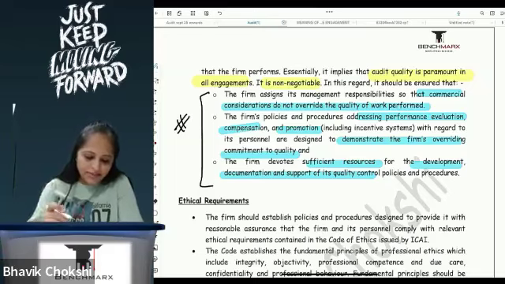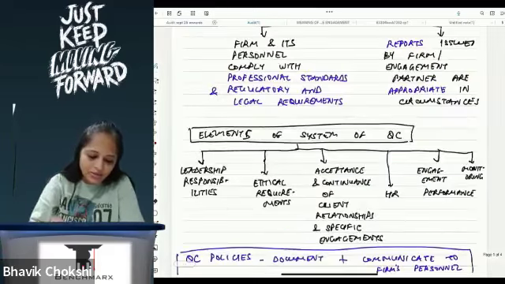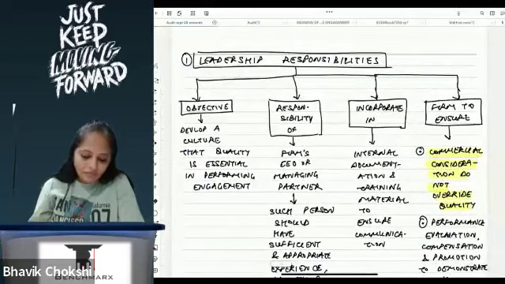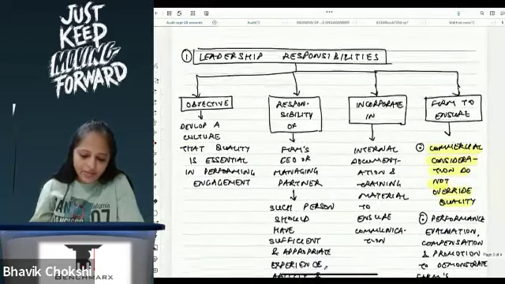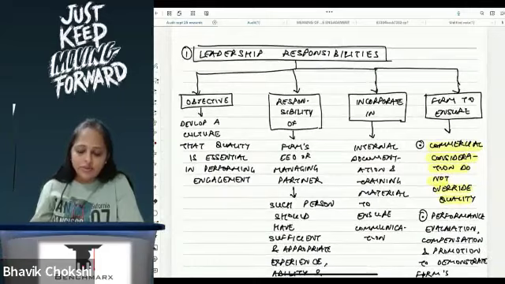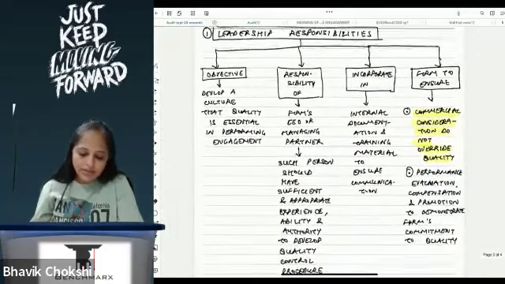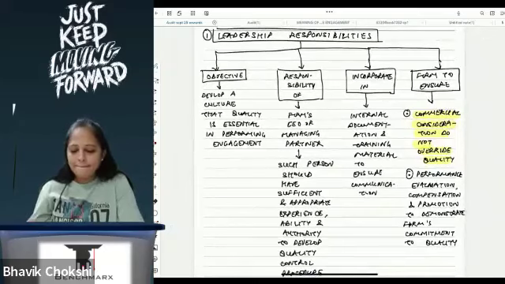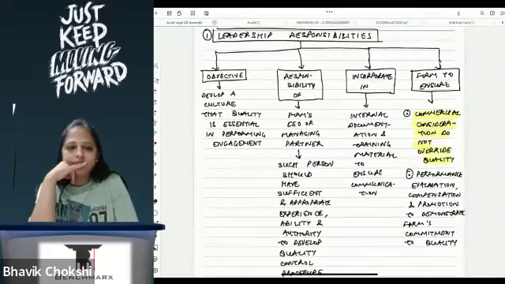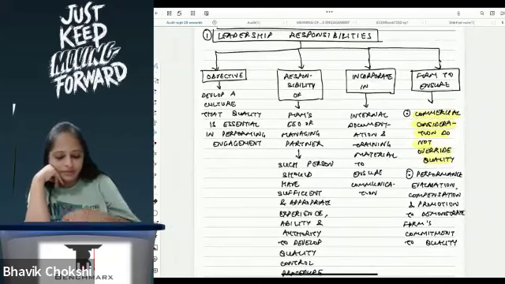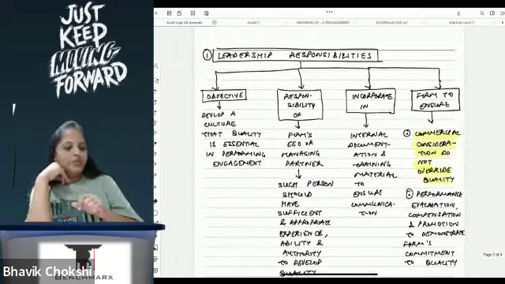So what we will do is we will first write it down. We will write down the first heading, Leadership Responsibilities. Below that, the first part, write down Objective.